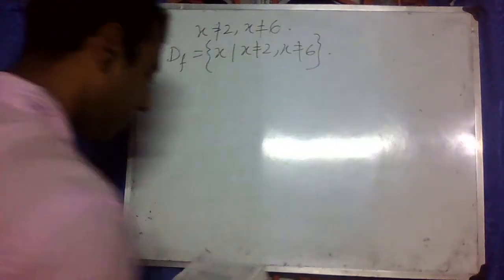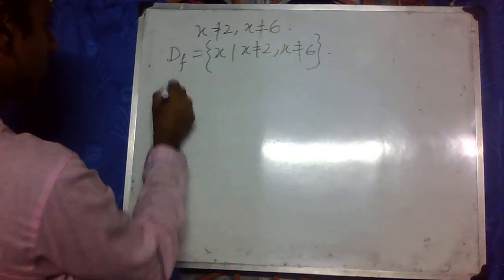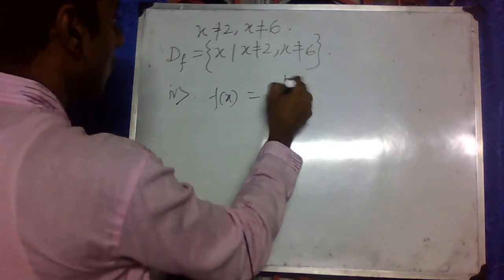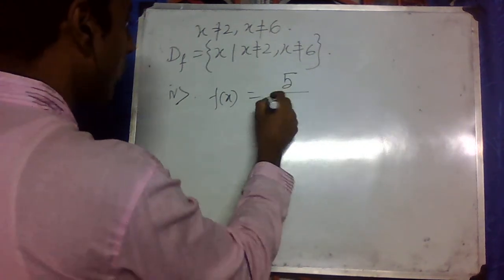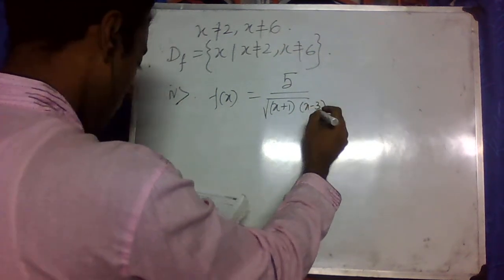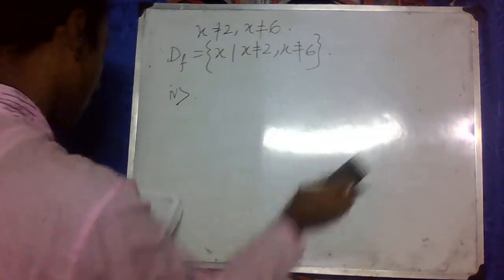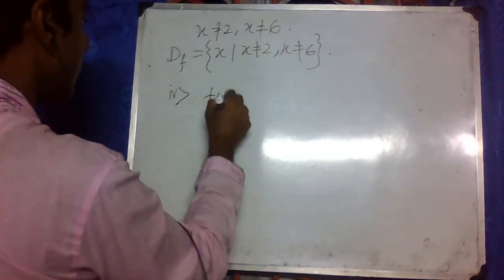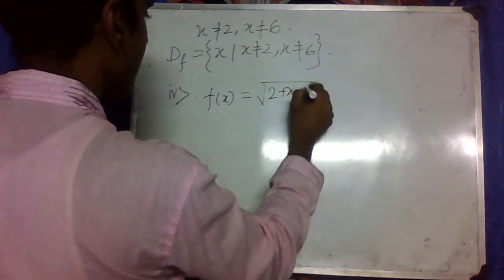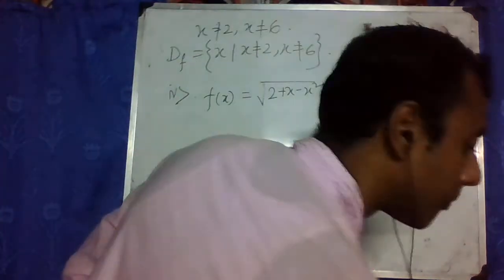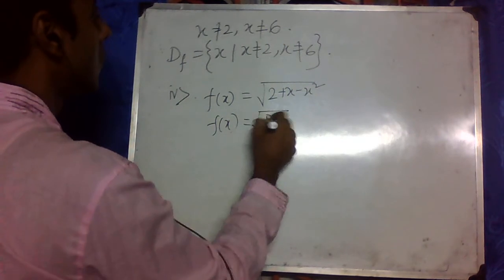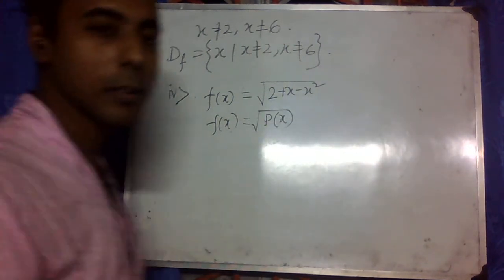Problem number 4. f(x) is equal to root over (2 plus x minus x square). Again, this is of the form root over p(x).